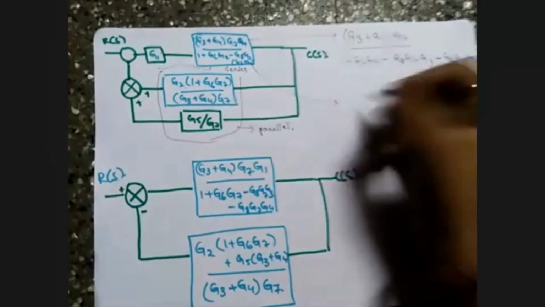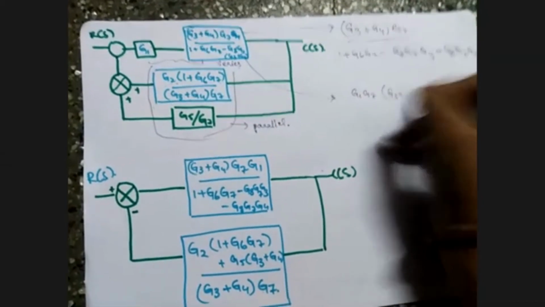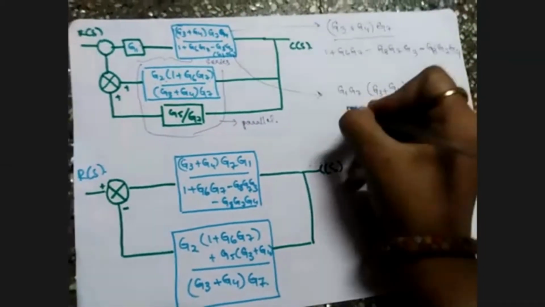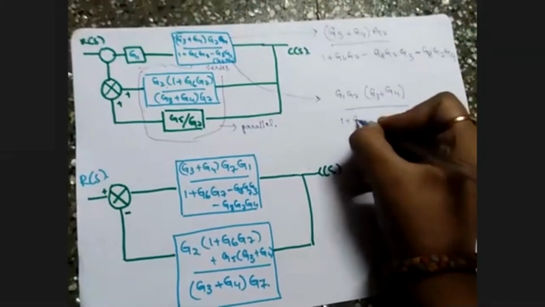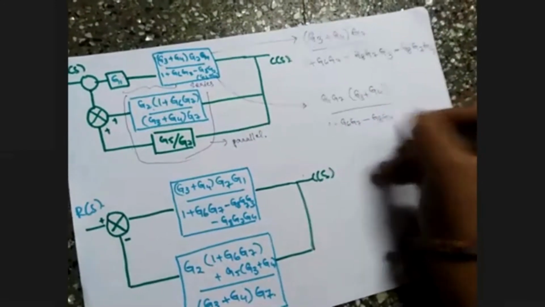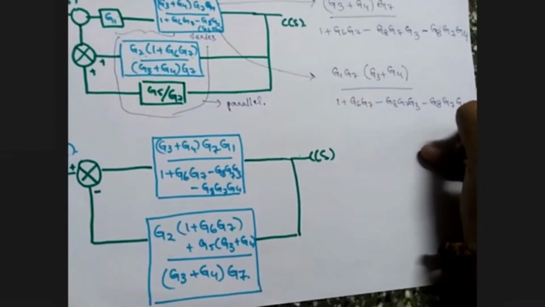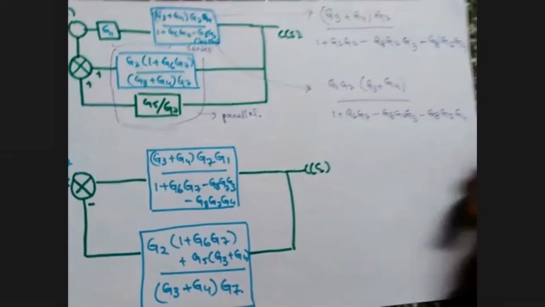It will be G1, G7 multiplied by (G3 plus G4) by 1 plus G6 G7 minus G8 G7 G3 minus G8 G7 G4. Right?